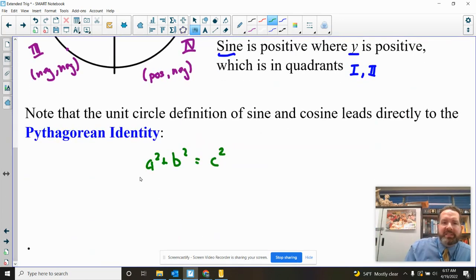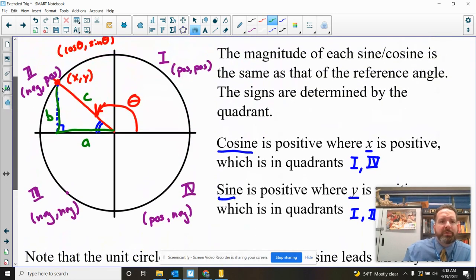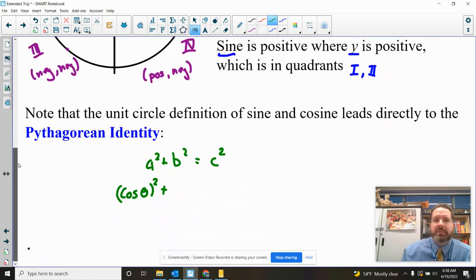Okay, so that means that the cosine of the angle squared, that's my a squared, added to, let's move over here, the b squared, well, that's just the opposite side length. That's my sine of the angle. Okay, so plus the sine squared equals c squared.